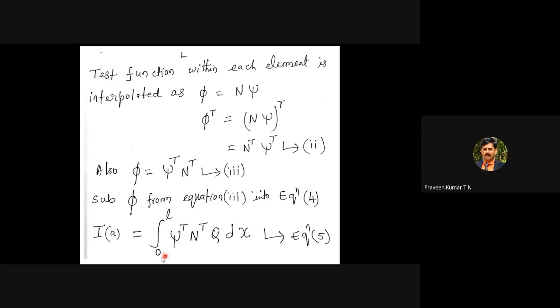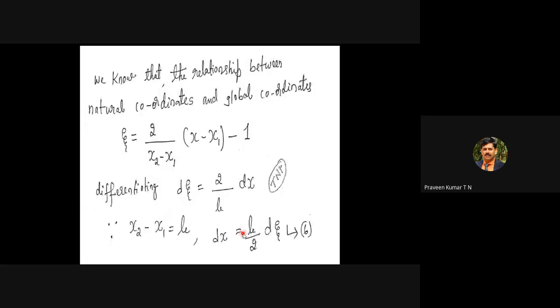You have to transform the integration from 0 to L to minus 1 to plus 1 in the natural coordinate system. That's why you are going to replace dx by d xi. You are familiar with this equation; you use it in bars, in beams, and in trusses also.